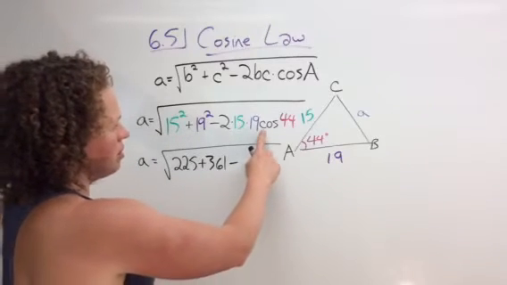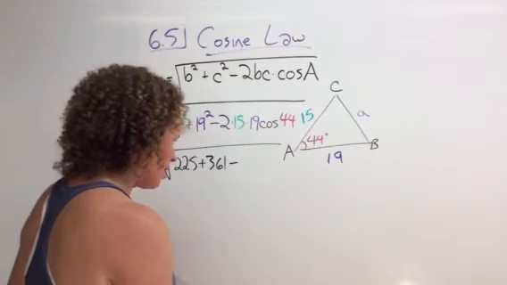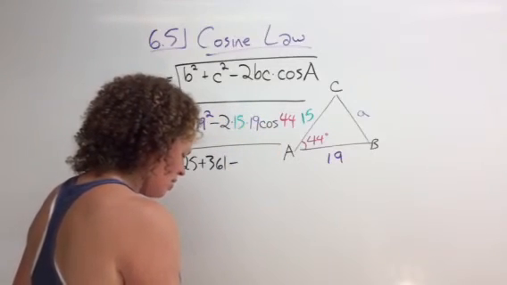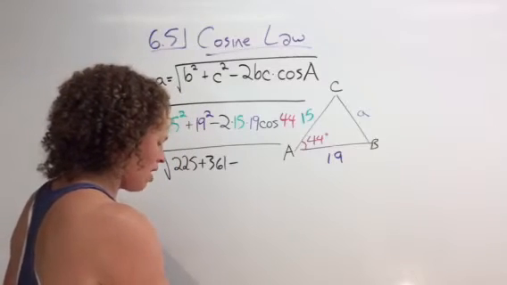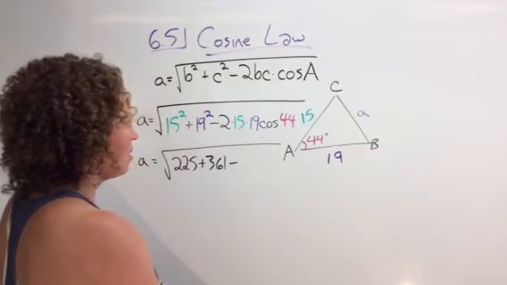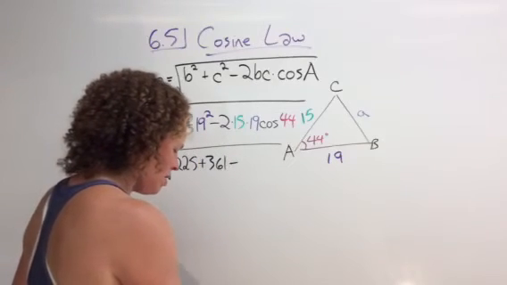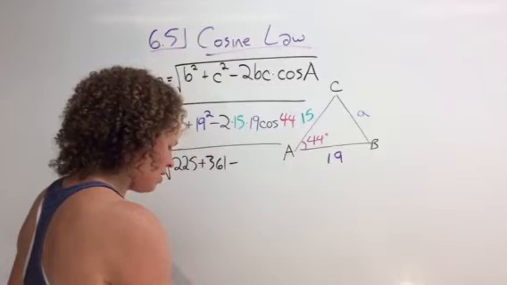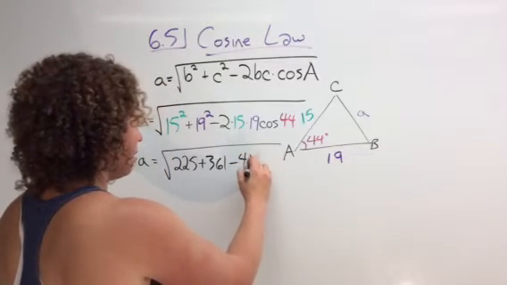So what I would probably do is go cosine 44 and then multiply these guys back. And once in a while you're going to have a cosine value that has a negative, so watch out for that because it'll change this sign. Times 19 times 15 times 2. So I got 410.02.